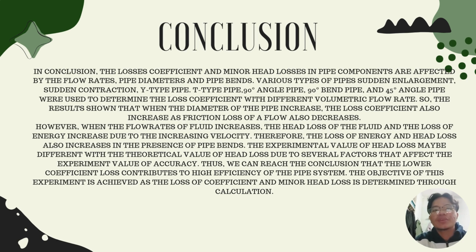However, when the flow rate of fluid increases, the head loss of the fluid and the loss of energy increase due to the increasing velocity. Therefore, the loss of energy and head loss also increase in the presence of pipe bends.